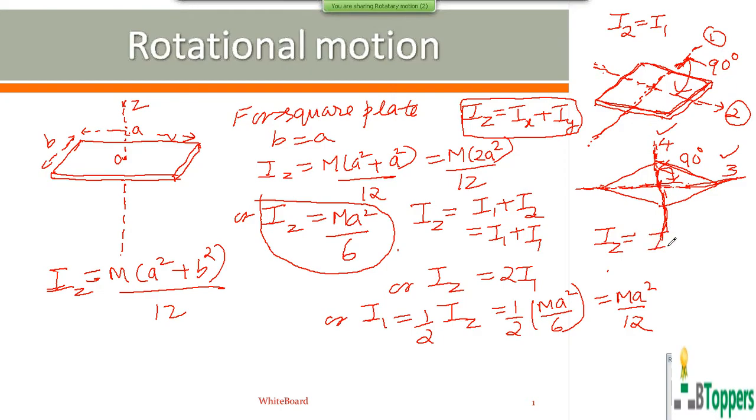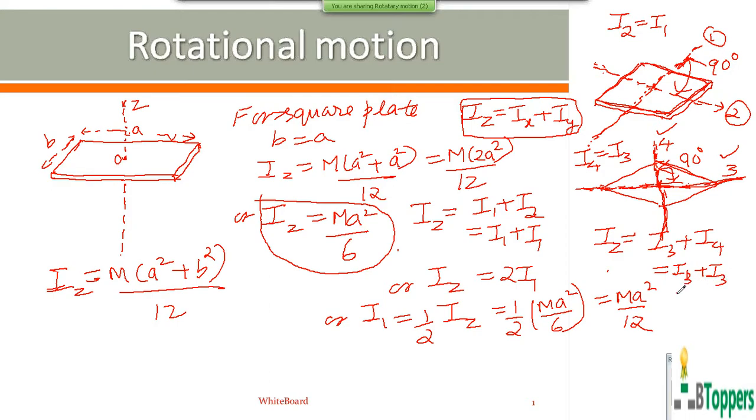So Iz can also be written as I3 plus I4. So moment of inertia of the square plate about one of its diagonals will be same as the moment of inertia of the square plate about the other diagonal, because the two diagonals are equivalent geometrically in all respects. So therefore I4 can be written as I3.